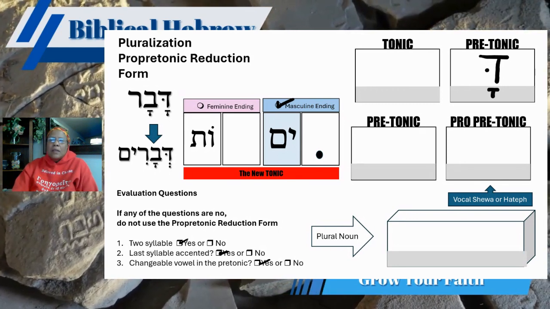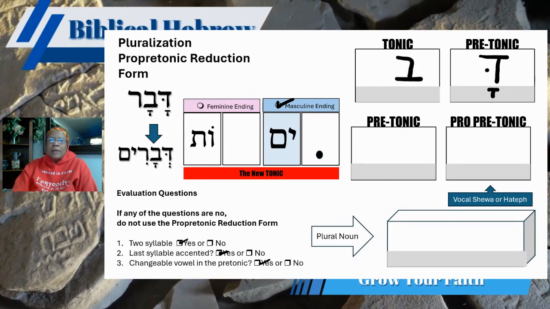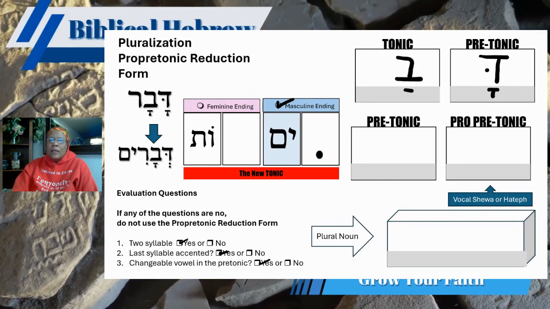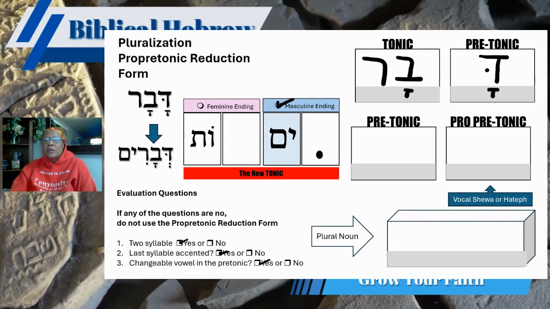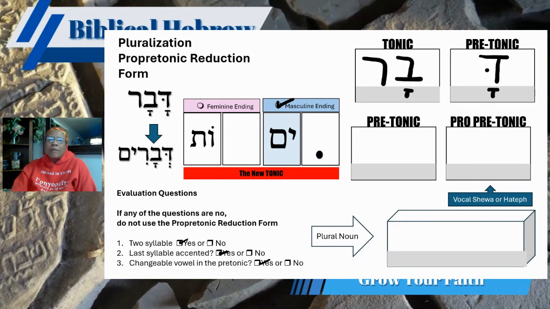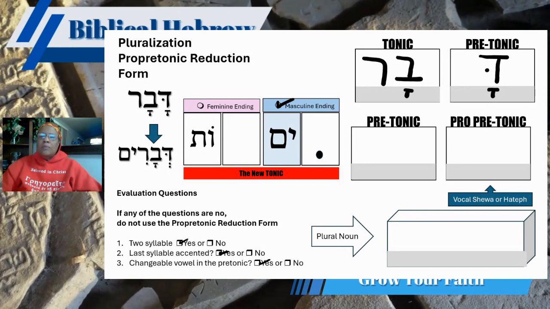And then the tonic has the vet, a begadkefat letter with a kamatz and a resh. So davar. All right. Let's pull down the propretonic.